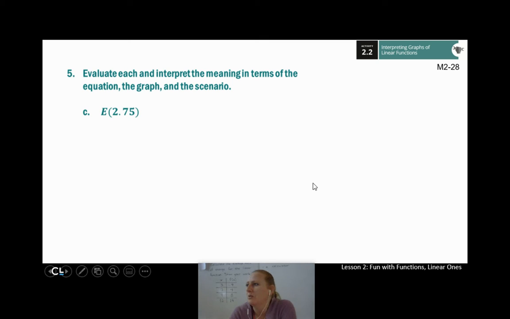Ooh, wait, this one's weird. 2.75. Well, I went ahead and I plugged it in, right? 15 times 2.75. I totally used my trusty calculator because I was not going to do that in my head. And 15 times 2.75 is 41.25. Now, the only thing is, while that is a point on the graph, it doesn't make sense in the situation.